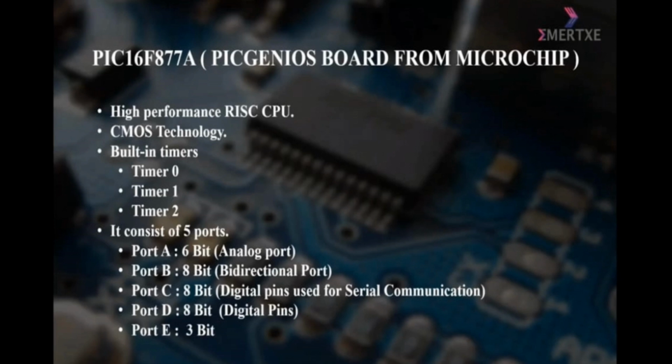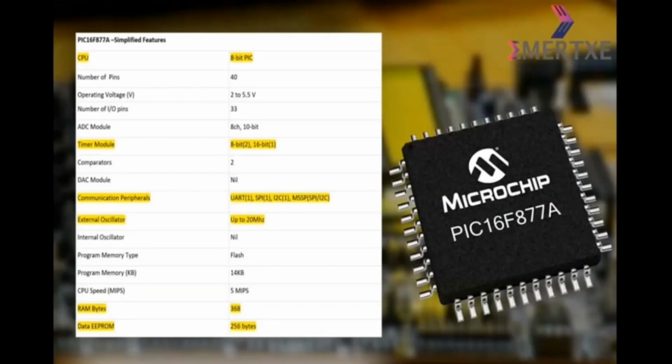Port C has 8-bit digital pins used for serial communication. Port D has 8-bit digital pins and port E has 3 bits. Let me show a microchip of a PIC 16F877A. PIC stands for Peripheral Interface Controller.